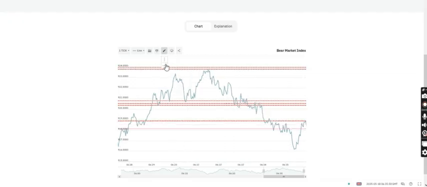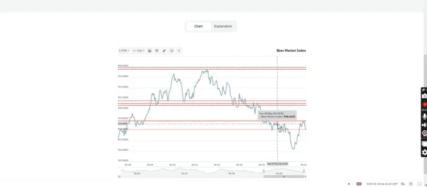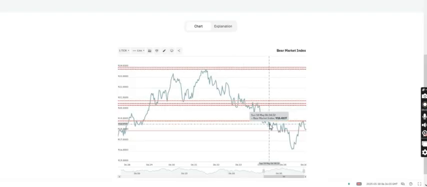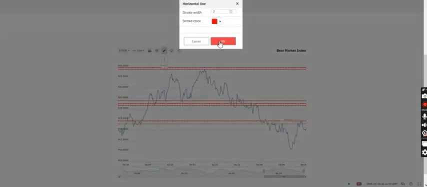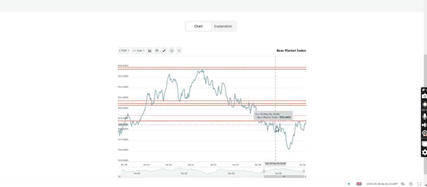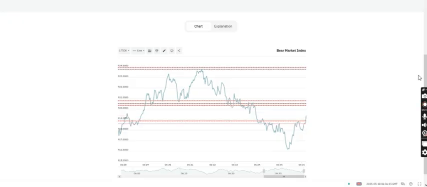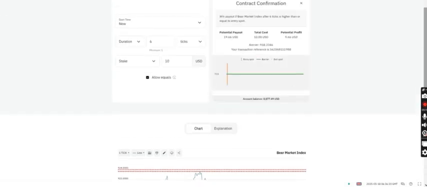So you can see there was the first touch, second touch, third touch, fourth touch. Okay, I'm gonna enter a buy, because price has done everything. We're gonna enter a buy.